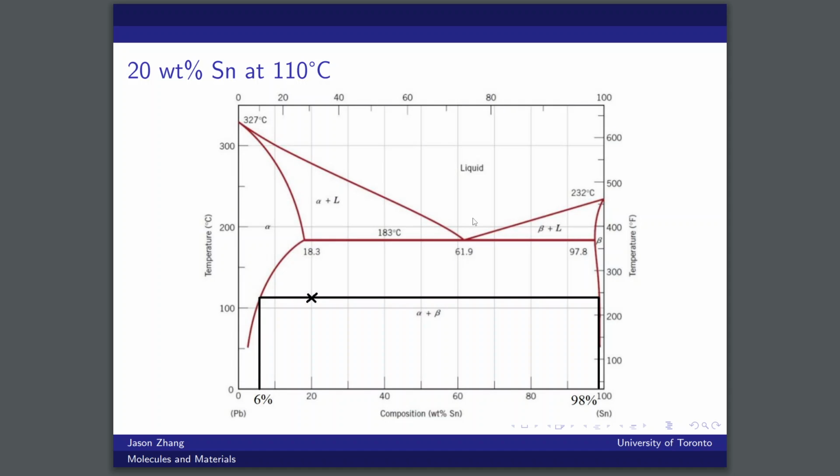So now we can draw a tie line to determine the composition. When we draw this horizontal line, we intersect the boundary between alpha and alpha plus beta at 6 weight percent tin. We intersect the boundary between alpha plus beta and beta at around 98 weight percent tin.